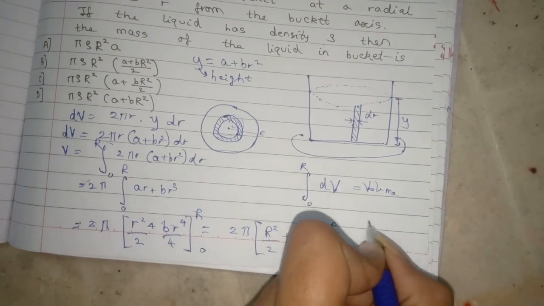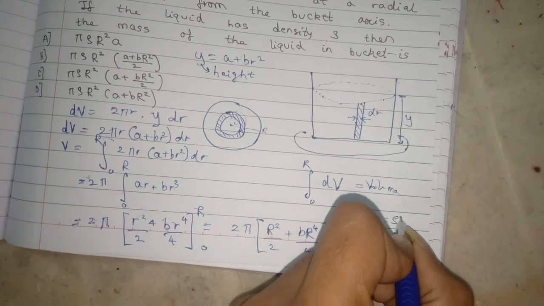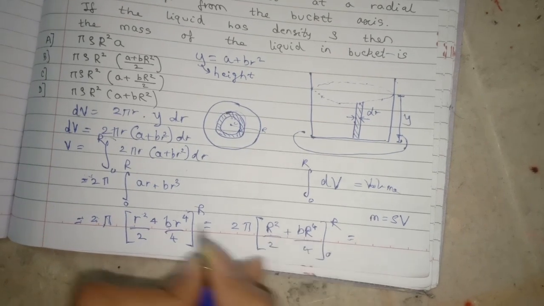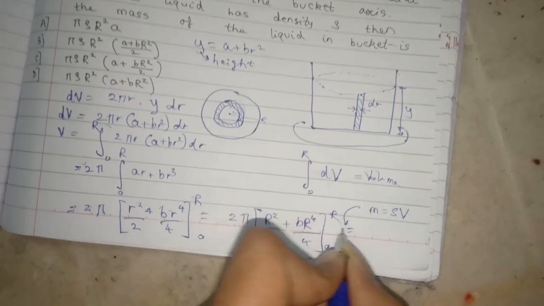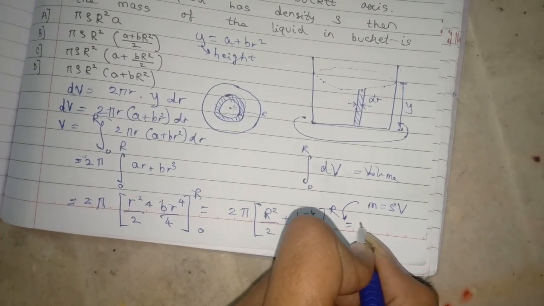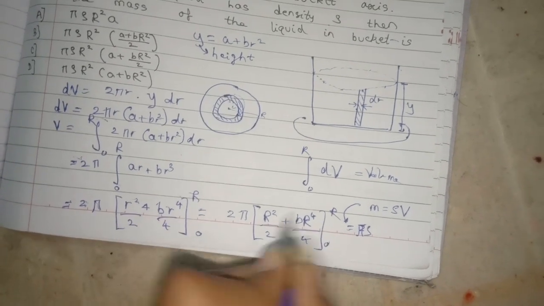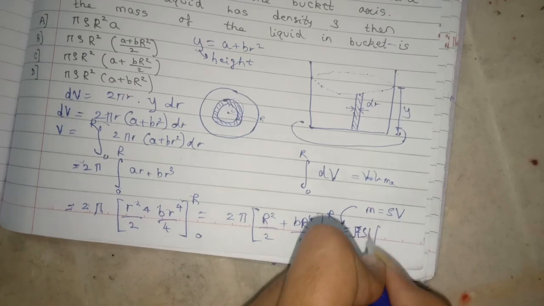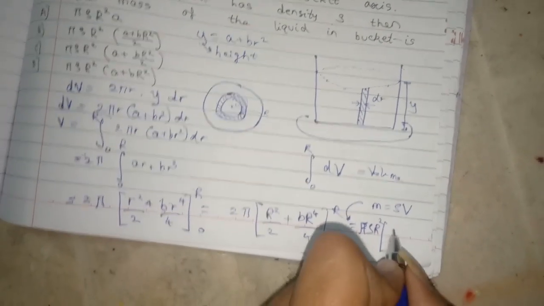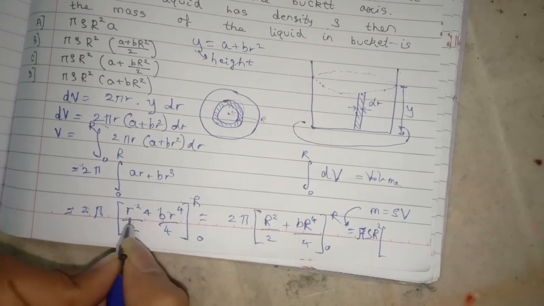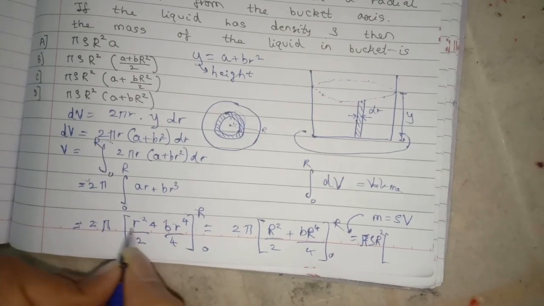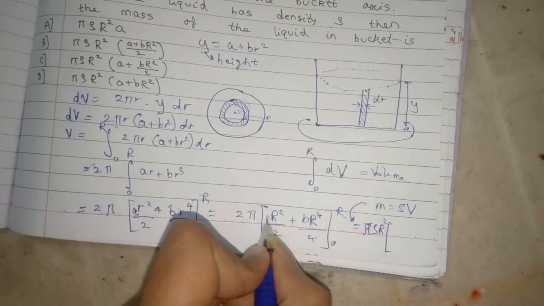We know that mass is equal to density into volume. So I will take the volume forward and multiply it with density, that is pi rho. I multiplied the 2 with the brackets and took out R square common. Here something is missing, oh yes, here a is missing, I will add a.